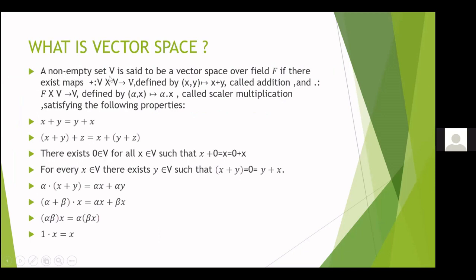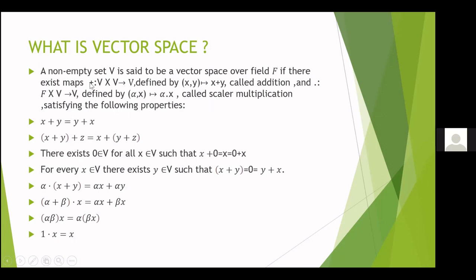A non-empty set V is said to be a vector space over a field F if there exists a binary operation from V cross V to V, which we call addition. It is defined by (X, Y), where X and Y both come from V. Then this pair (X, Y) belongs to V cross V, and it is defined by X plus Y. And a dot, which is called scalar multiplication, is defined from F cross V to V, defined by (alpha, X), where alpha belongs to F and X belongs to V, and it is defined as alpha dot X. It is called scalar multiplication.